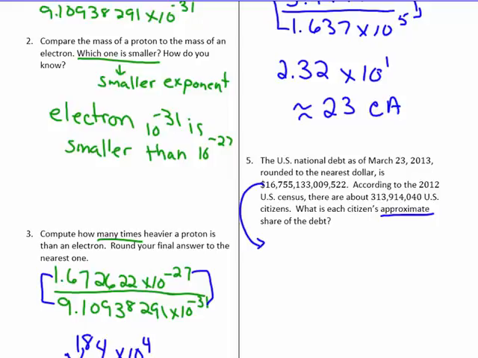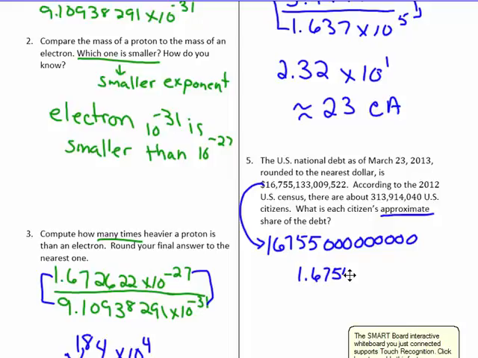So this number, the 16, if I round it to the nearest billion, is 1.6755, and in scientific notation that is 1.6755 times 10 to the 1, 2, 3, 4, 5, 6, 7, 8, 9, 10, 11, 12, 13.